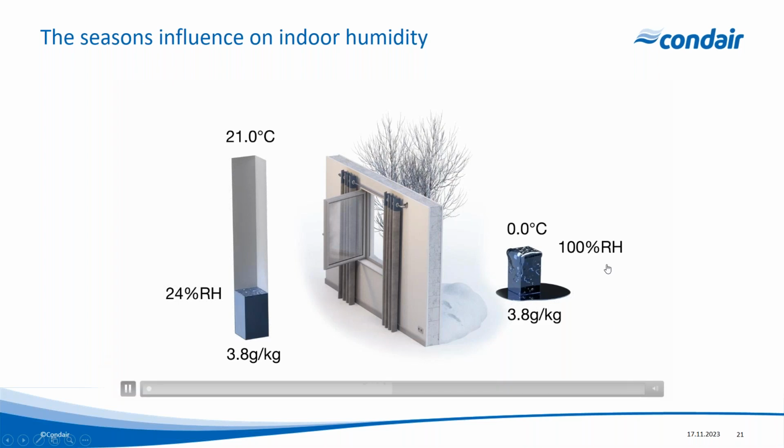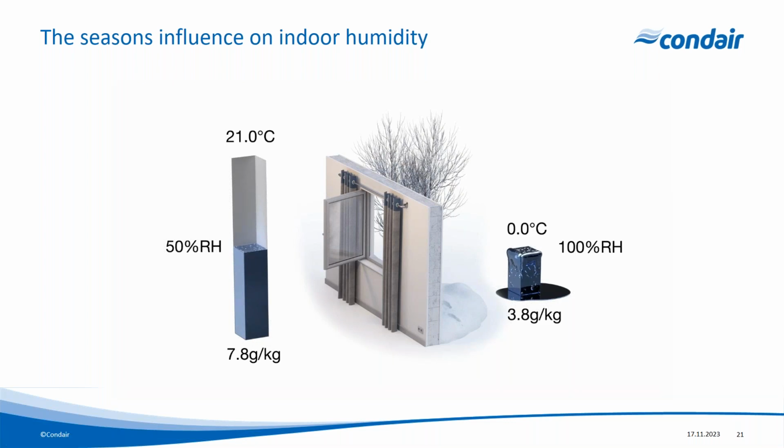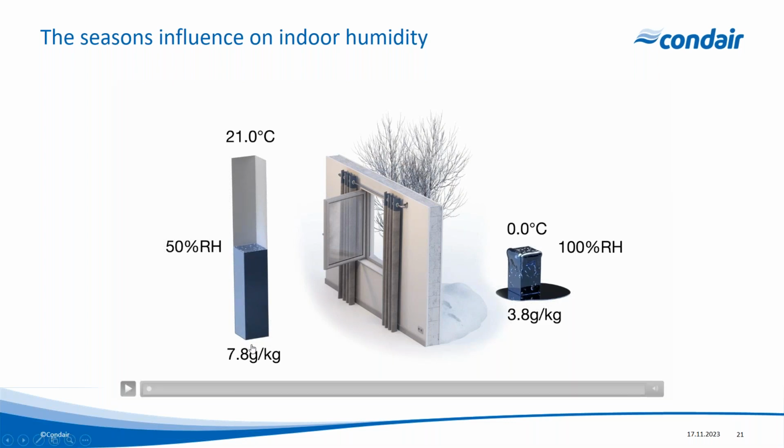Again, because the moisture content of the air outside is lower, we have to humidify and put more moisture into the air artificially in the space. So we humidify by either an adiabatic or an isothermal system to increase the moisture content in the space so it's greater than the absolute moisture content of the air outside.